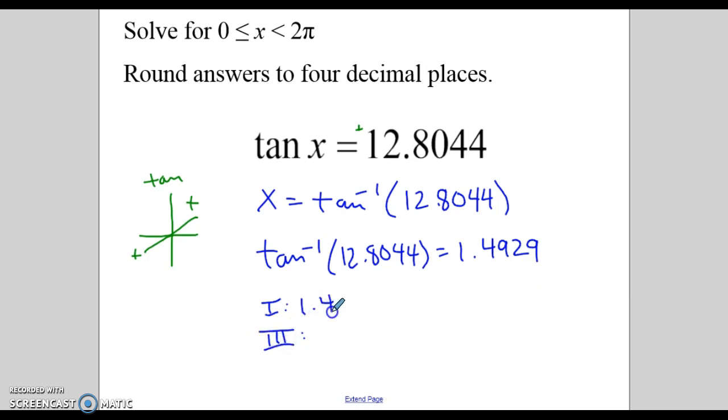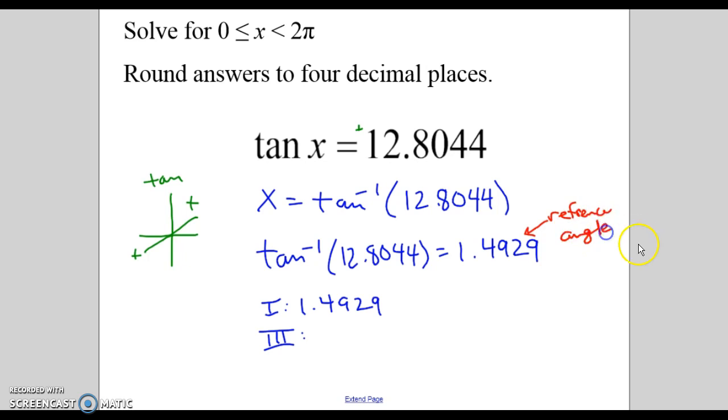So my quadrant 1 answer is 1.4929. But now how do I find my quadrant 3 answer? Well, the way I do that is by using reference angles. This angle right here is a positive quadrant 1 angle, and this is called the reference angle.